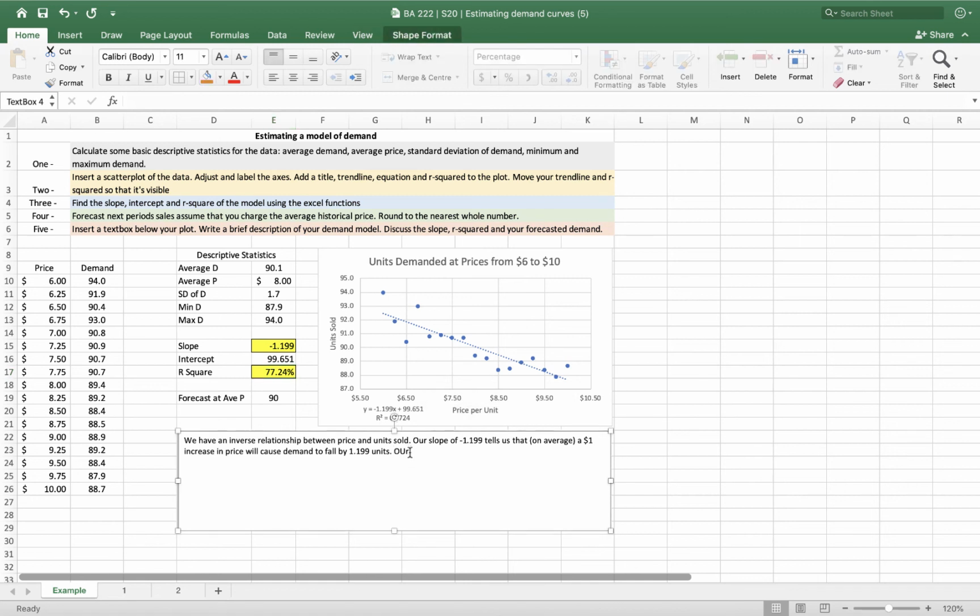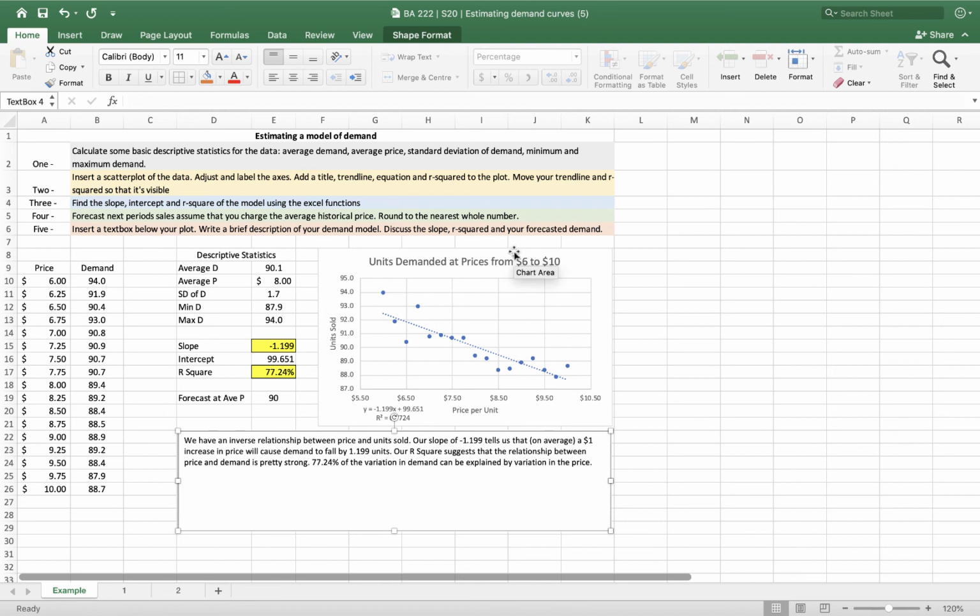So our R squared suggests that the relationship between price and demand is pretty strong. 77.24% of the variation in demand can be explained by variation in the price.